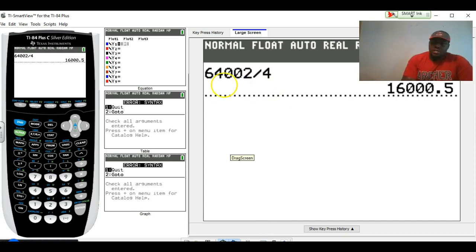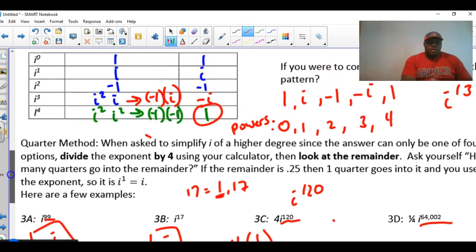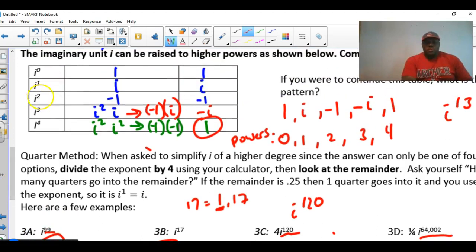So when you look at this 64,002 and divide it by 4, we get 16,000.5. The 0.5 is the remainder, like 50 cents, or 2 quarters. So if I go back to my table, we said 2 quarters. See where the exponent is 2? That's negative 1. Again, 64,002 divided by 4 is 16,000.5. 0.5 is 50 cents or 2 quarters.